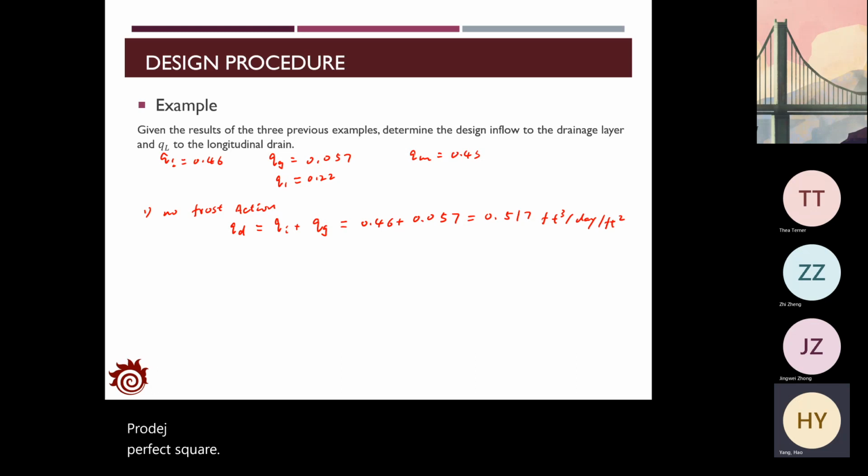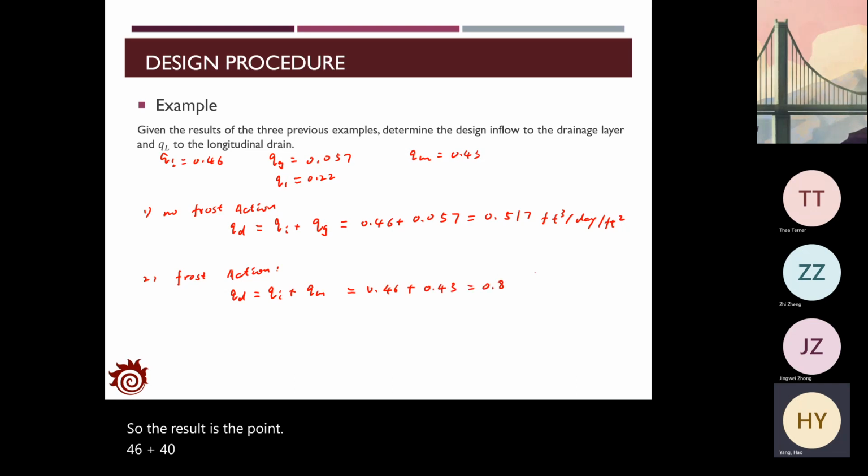And also we can find the case if there's some frost action. Then we have QD equal to QI plus QM. So the result is 0.46 plus 0.43.